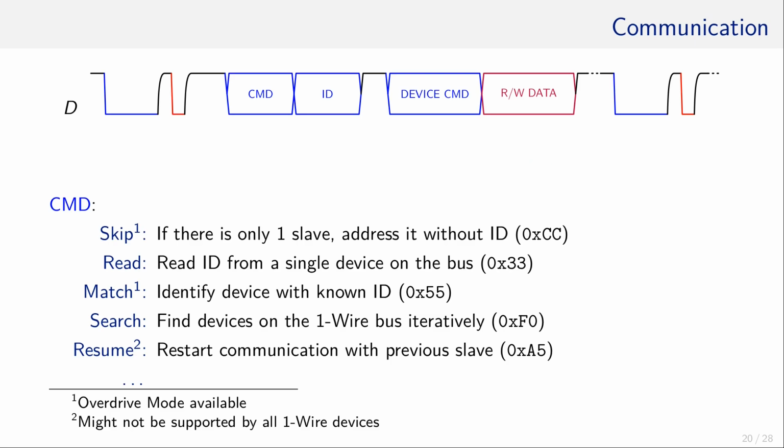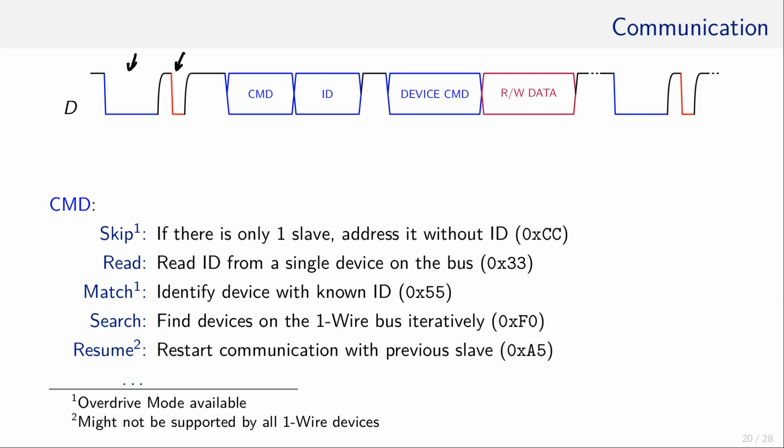Again, a step back. Here we have the reset pulse by the master and the presence pulse by the slaves. Now everybody in the bus is poised and ready to communicate. The next will be the command ROM sequence. There are quite a few commands available.